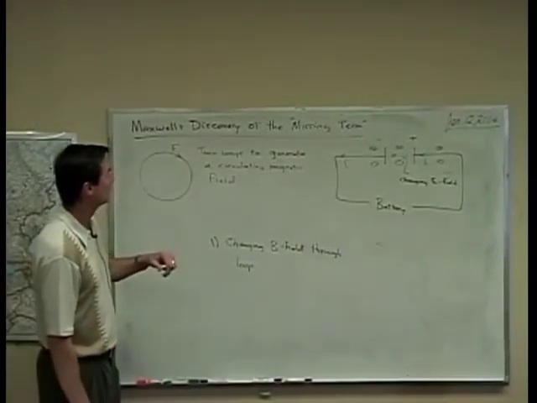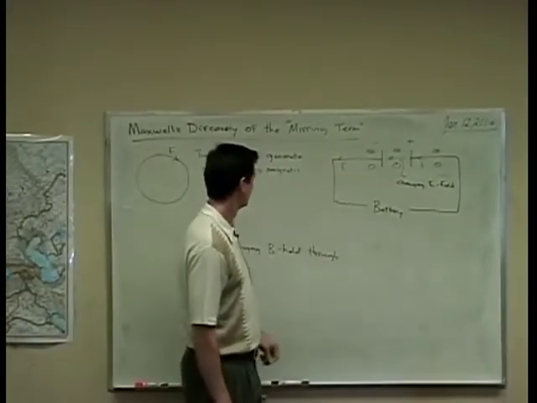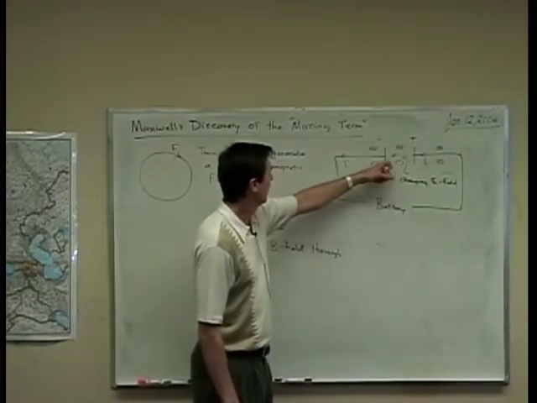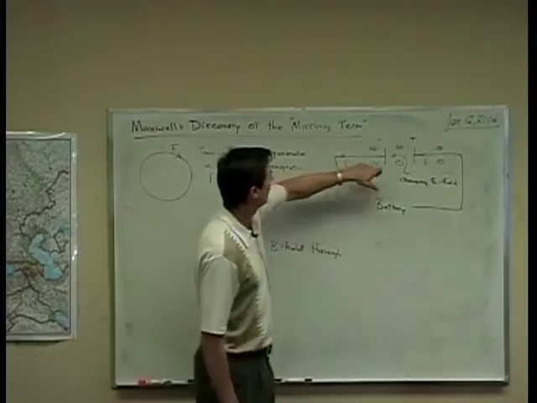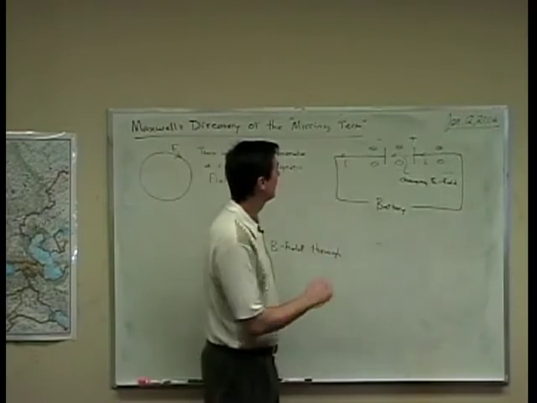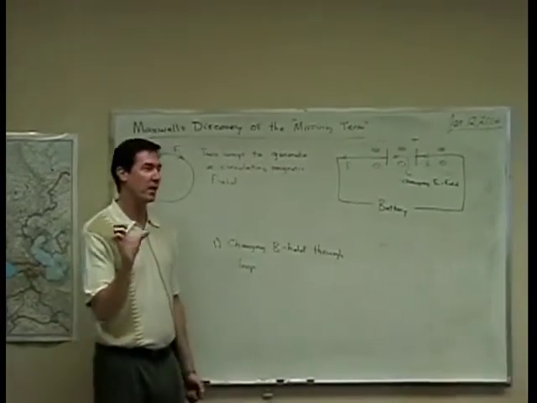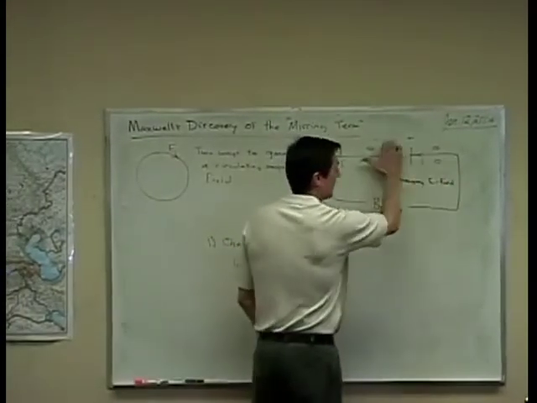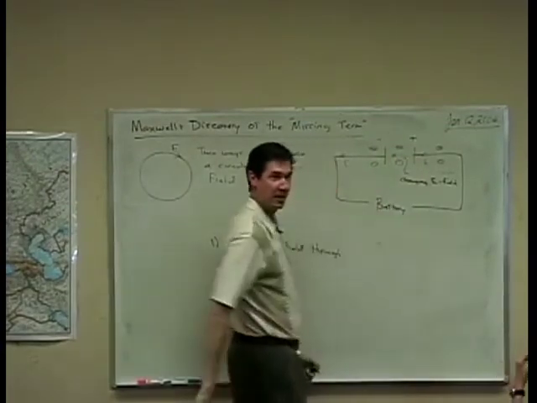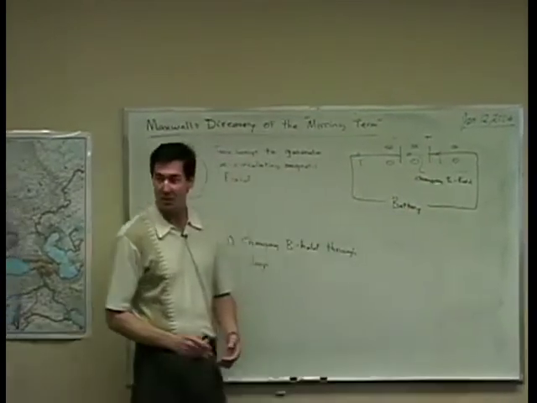Now, as far as the direction goes on the circulating magnetic field generated by a changing electric field, it's the same as the old right-hand rule for the current. If you just put your thumb in the direction of the change in the electric field and curl your fingers, okay, you get the direction of the magnetic field.